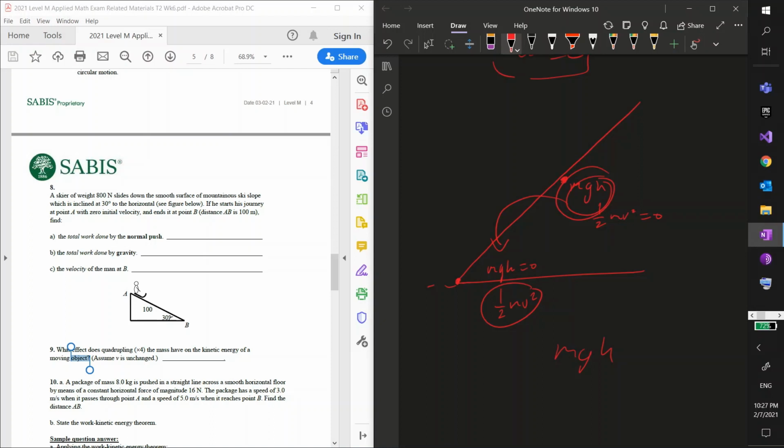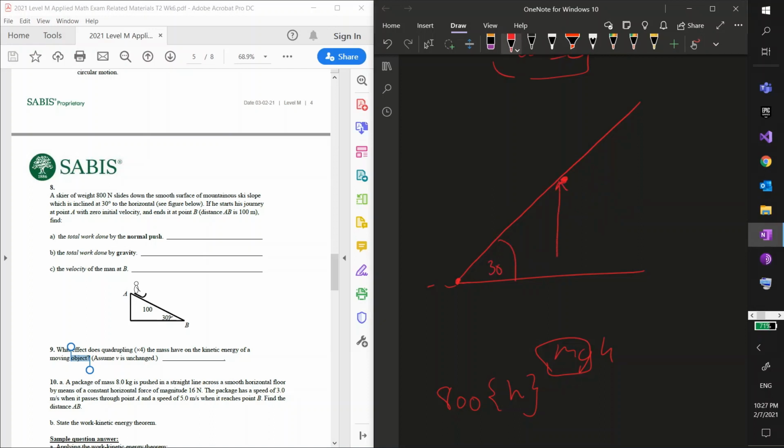Anyways, your mass is not given, but your weight is given. mg, meaning weight, 800, multiplied by the height. Now we need to find the height. So the angle of incline is 30 degrees.